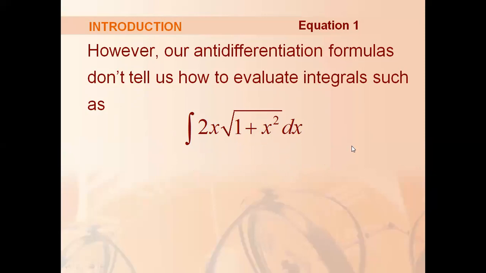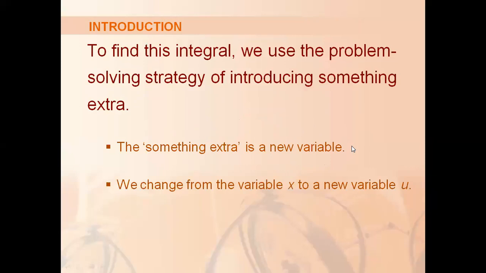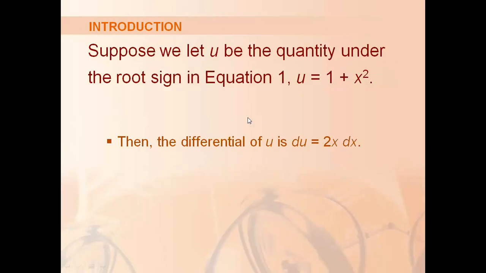To find such integrals, we use the problem-solving strategy of introducing something extra. The something extra is a new variable. We change from the variable x to a new variable u or z, anyone.